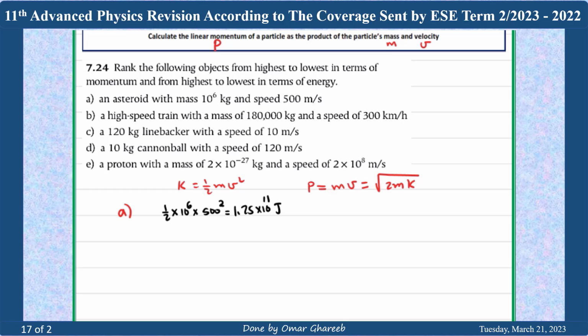For the momentum, m is 10 to the power 6 times the velocity, 500. So the answer is 5 times 10 to the 8. Or you can use this expression, square root of 2 times m, which is 10 to the 6, times the kinetic energy, 1.25 times 10 to the 11. I think you will reach the same answer.